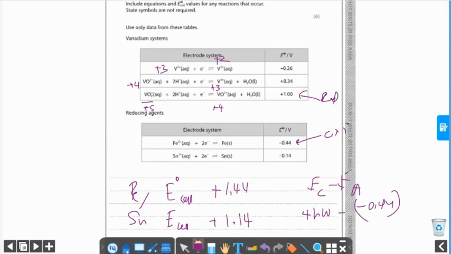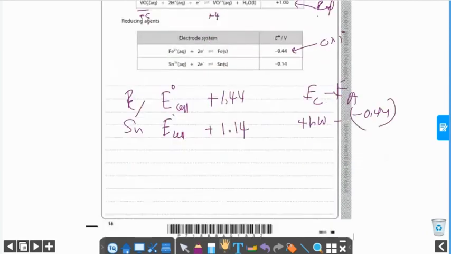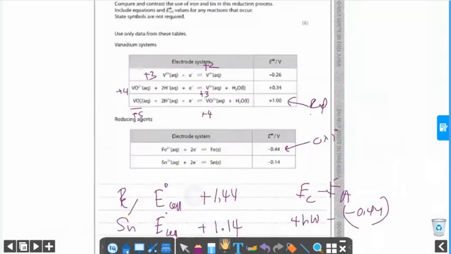That itself carries 2 marks out of 4, one mark for iron and one mark for tin. To construct the equations, I'm not going to do that part. You can do it. And then check which one can reduce vanadium 4 plus to 3 plus.